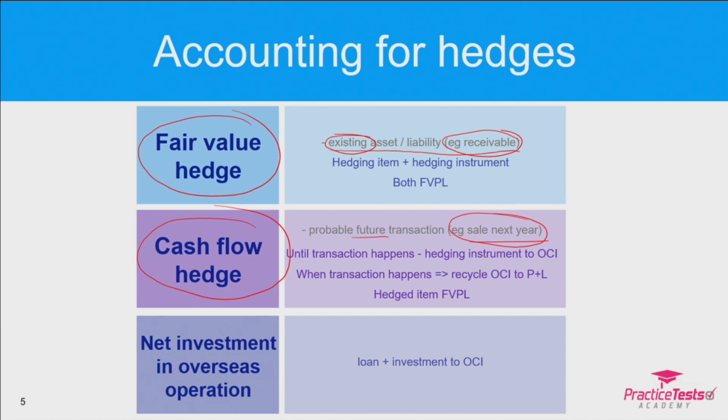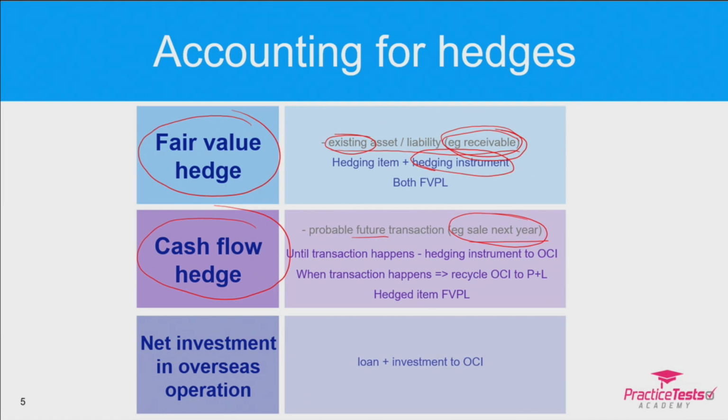Now, a fair value hedge sticks very closely to that. So the idea here comes very much back to those scales we saw earlier on, that if you have a receivable, you fair value to profit and loss that, so you might get a 50k profit, let's say, on the receivable. On the hedging instrument, the future or the forward, you would fair value profit or loss that as well.